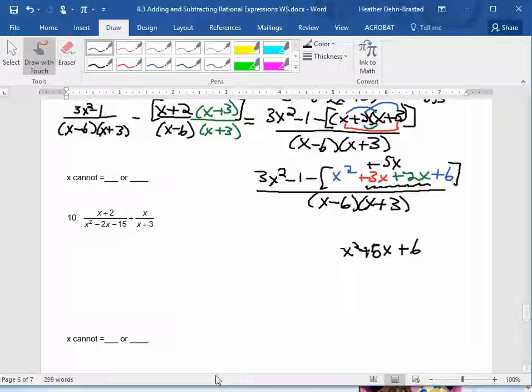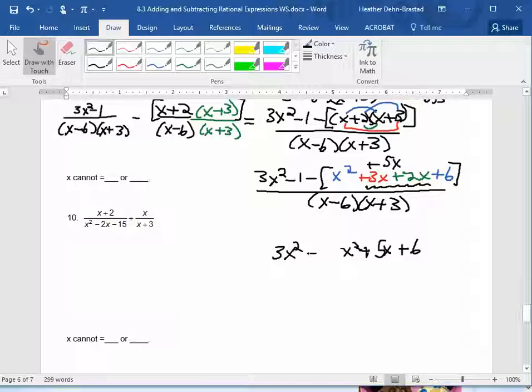That 5 looks kind of funny. I'll try that again. That looks like a minus, and it's not supposed to be. Erase. Okay, good.